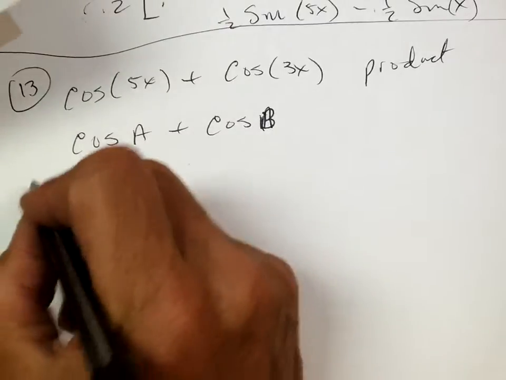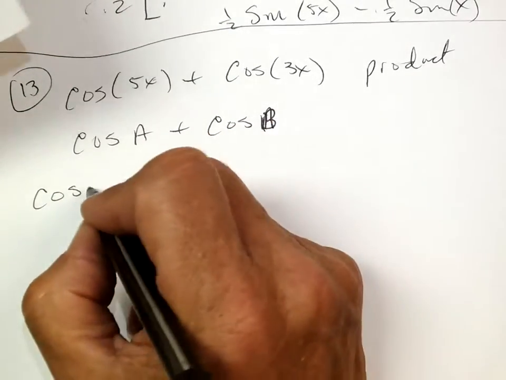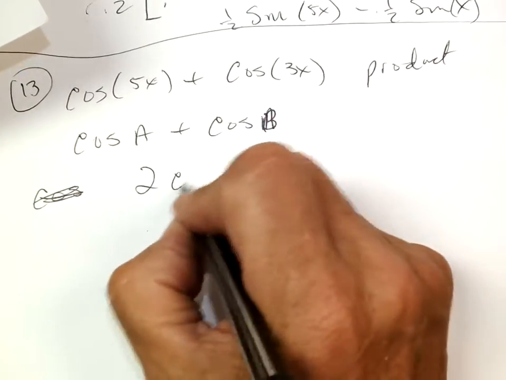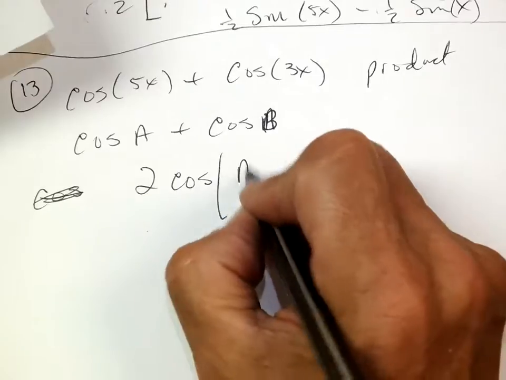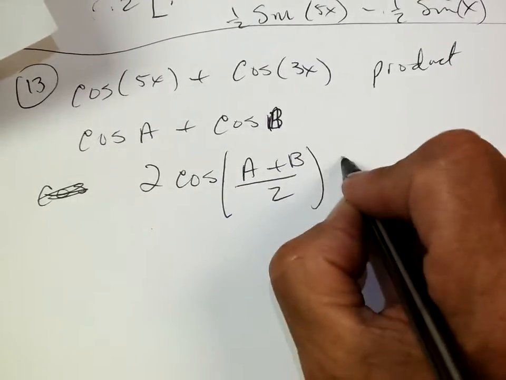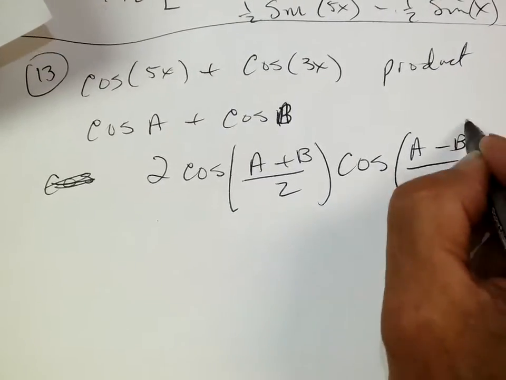So my formula should be 2 cosine of a plus b over 2 times cosine of a minus b over 2, okay?